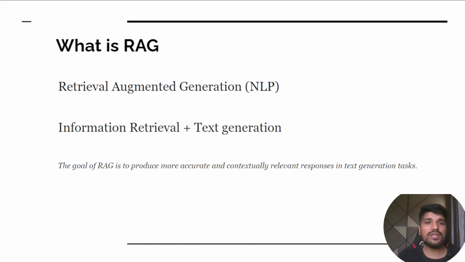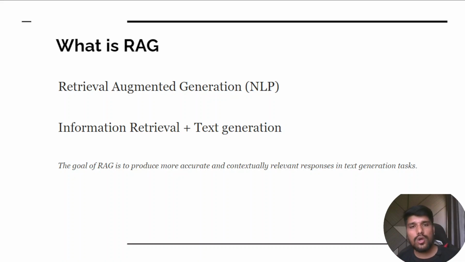It retrieves the relevant chunks from the vector database and feeds them to the LLM, and then the LLM, using the user query and the fetched information, does the text generation. So RAG is a combination of two parts: one is information retrieval and the second is text generation.